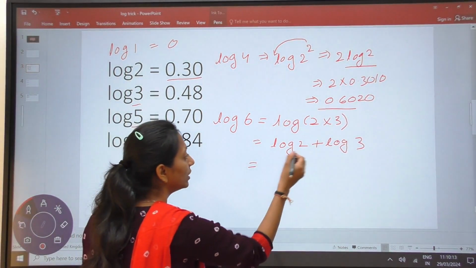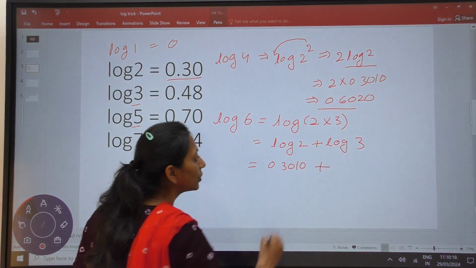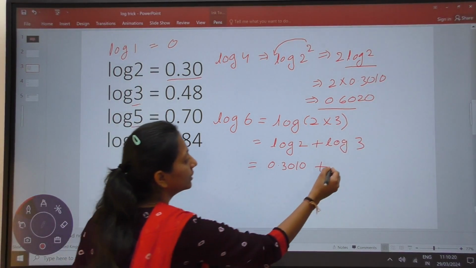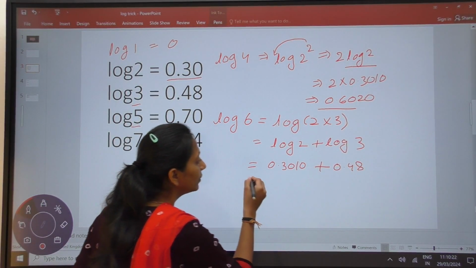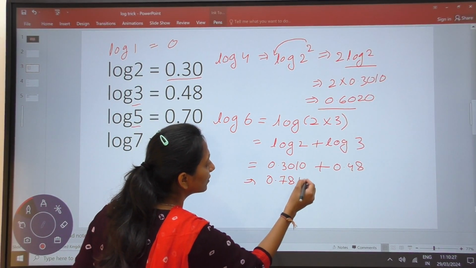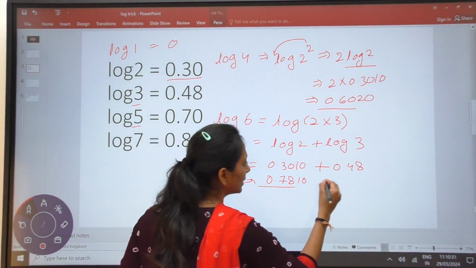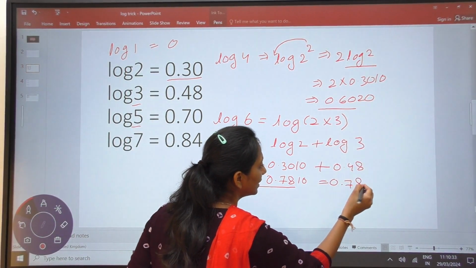What is the value of log 2? 0.3010. What is the value of log 3? 0.48. So we simply put in the values and the sum is 0.7810. Approximately we can take 0.78.